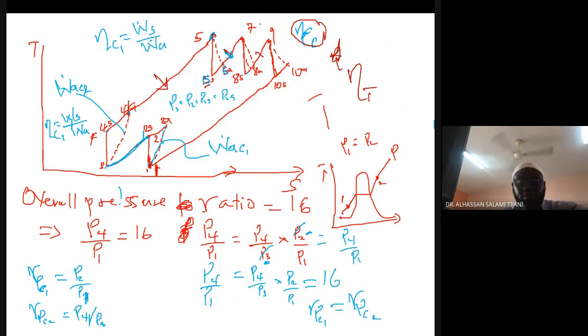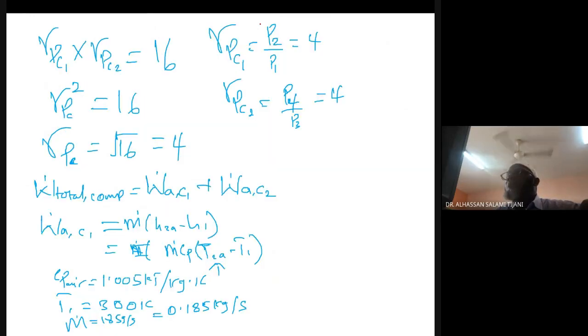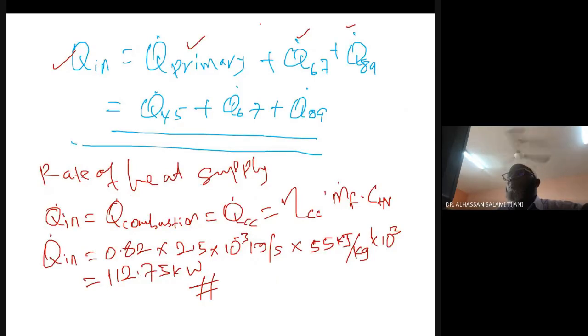Now let's see. We can say like this, from the given, number 3, the maximum temperature in the cycle.